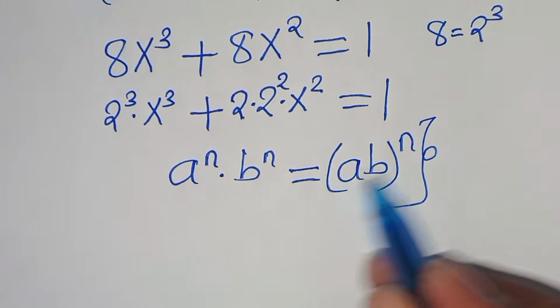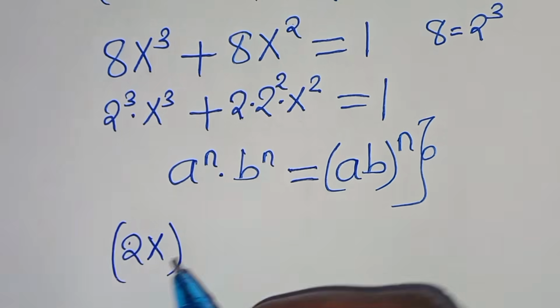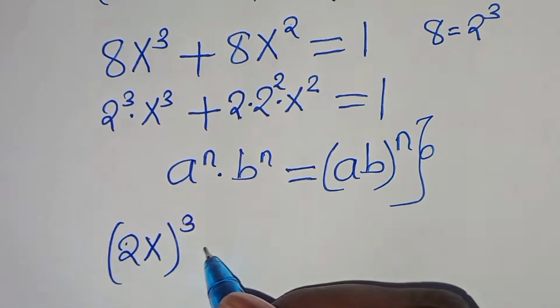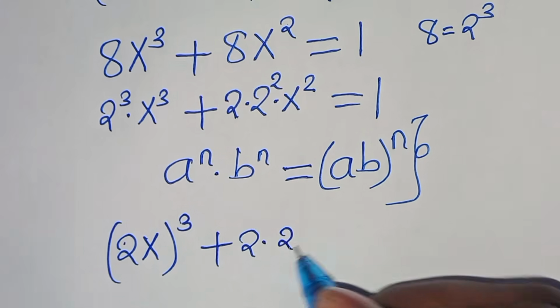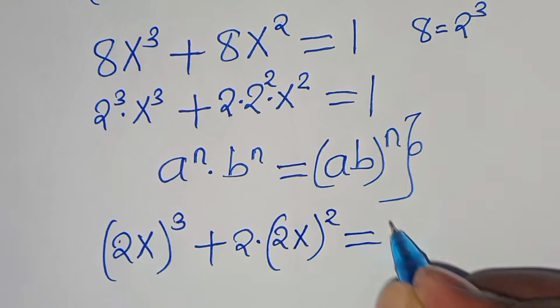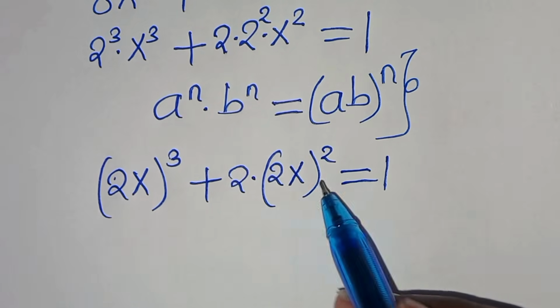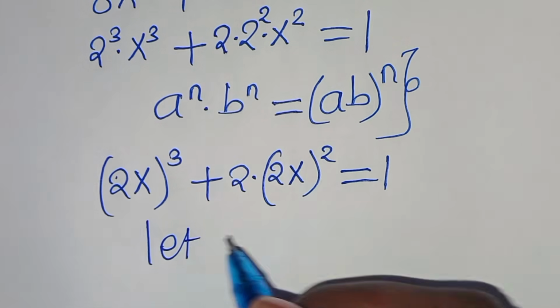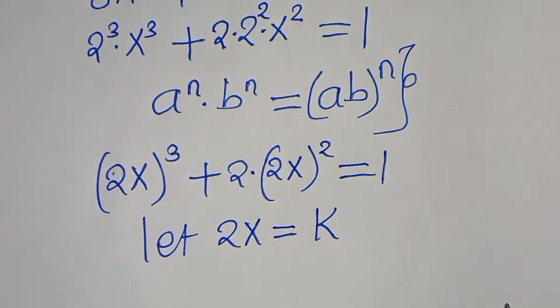Applying this exponent property, we have 2x raised to the power of 3, then plus 2 multiplied by 2x raised to the power of 2, equal to 1. We have 2x here and 2x here, so we can let 2x be equal to k.